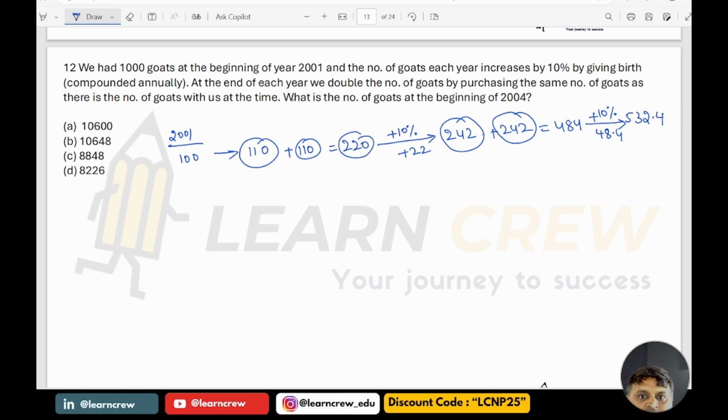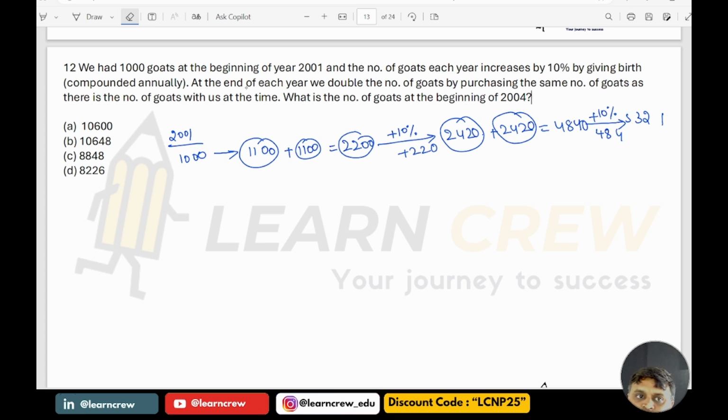Now what is given here? What is the number of goats at the beginning of 2004? So initially it is 1000, not 100. Okay, 1100, 2200. So 220, 2420, 4840. 10% of 4840 is 484, so it becomes 5324.